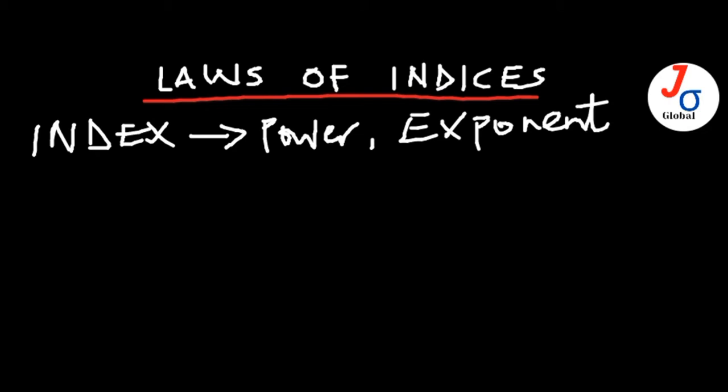Index, power, exponent. It's actually a short form for writing the product of numbers that are the same. Let's say, for example, 2 multiplied by 2 multiplied by 2 multiplied by 2 multiplied by 2 multiplied by 2.